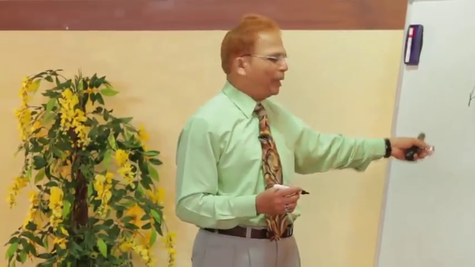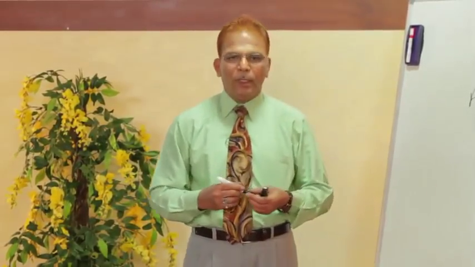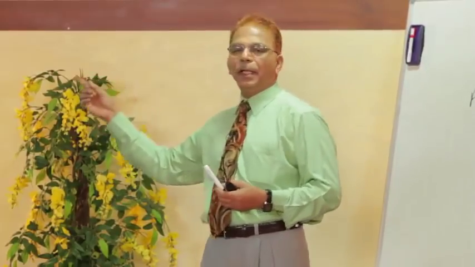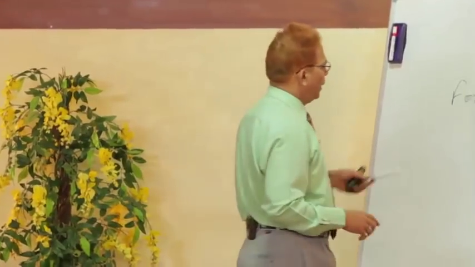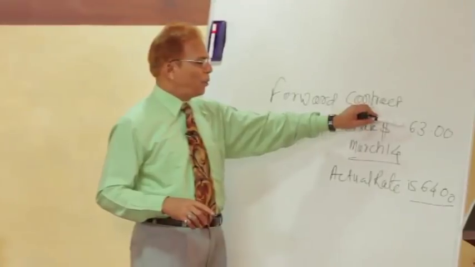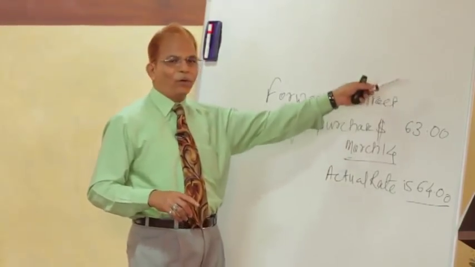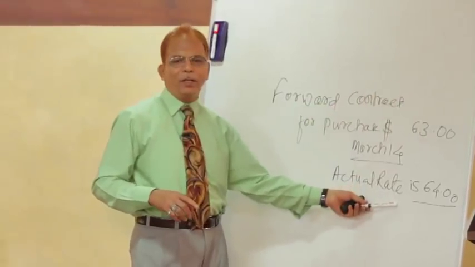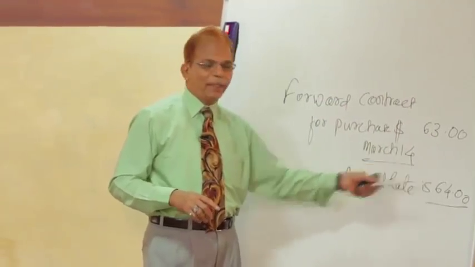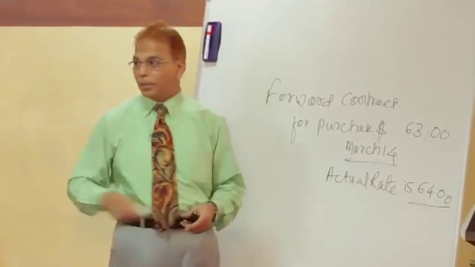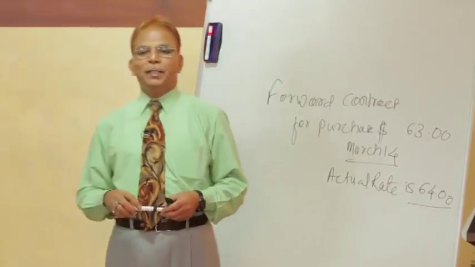I am not going to get that additional 1 rupee because I have tried to mitigate my risk. What was the risk? I was worried that the dollar rupee may go down below 63, but actually it has not gone below 63, but it has gone upwards.